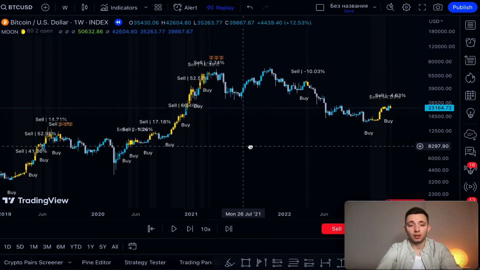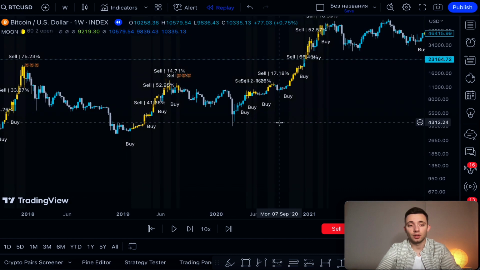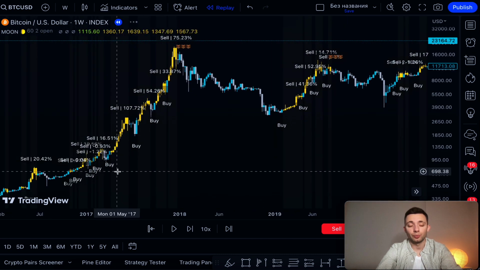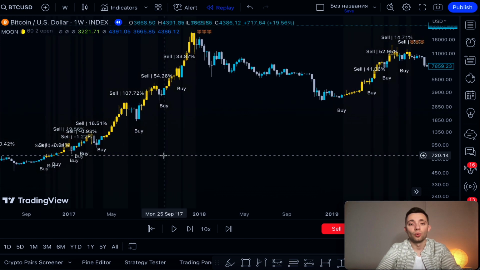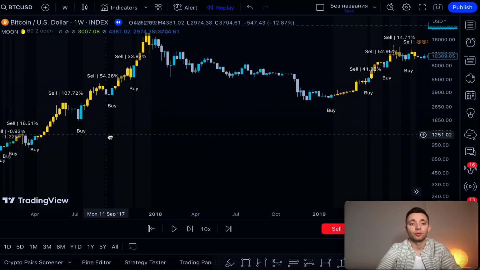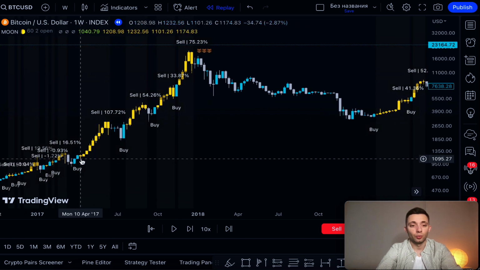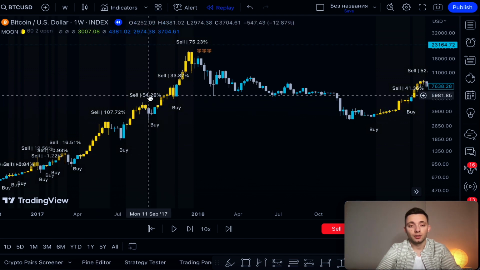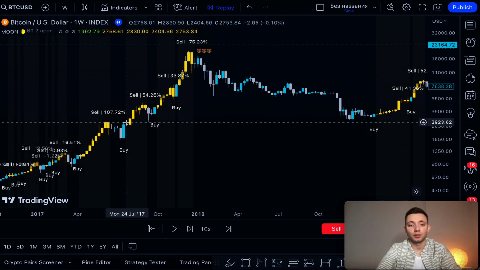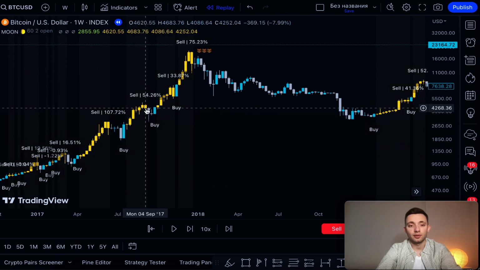Also, we can take a look at results of those indicators during all Bitcoin pumps. As I told you before, this indicator helps to catch all Bitcoin pumps for a price movement. So we had more than 100% of rising in June 2017, 54% in September 2017 during July, August and September.